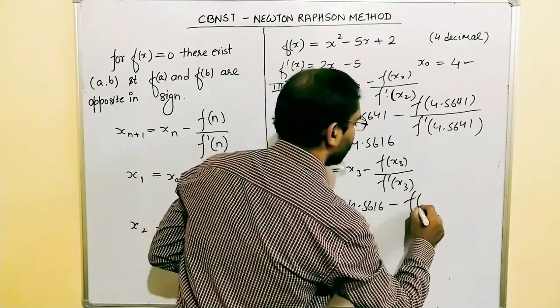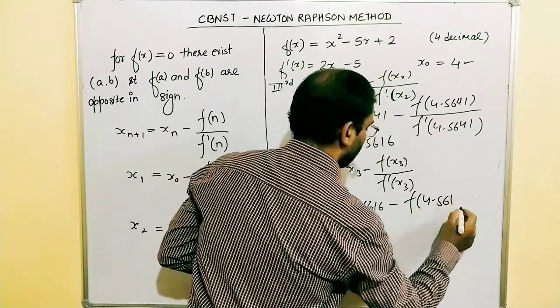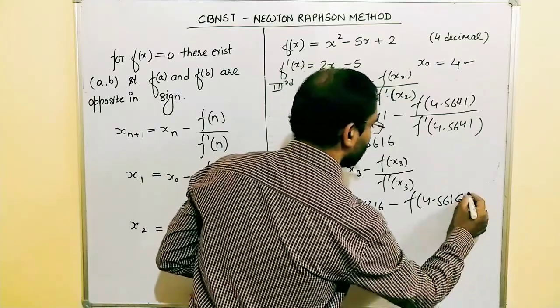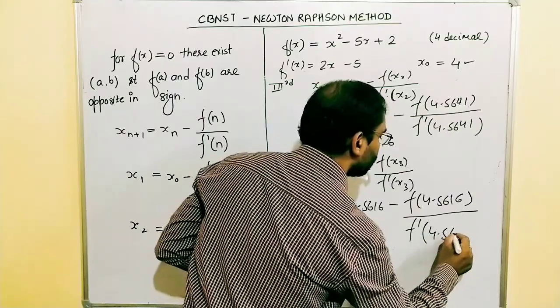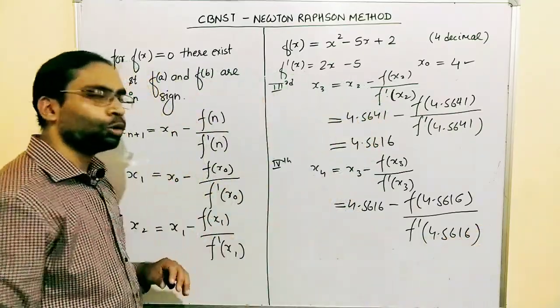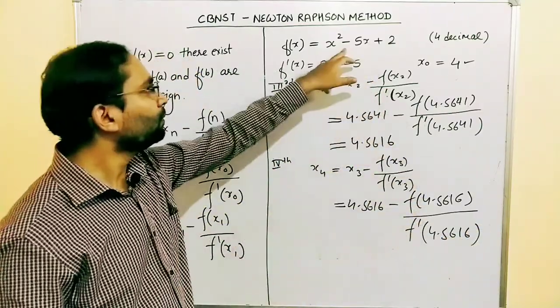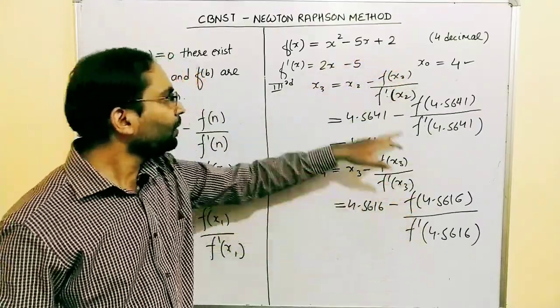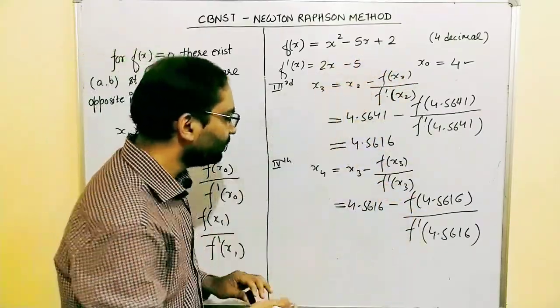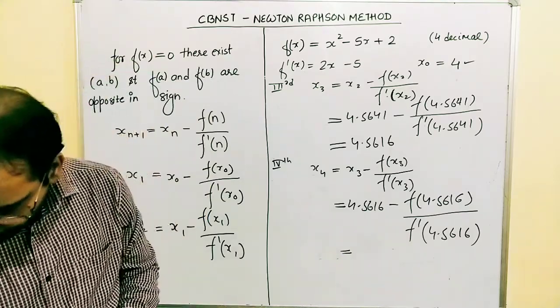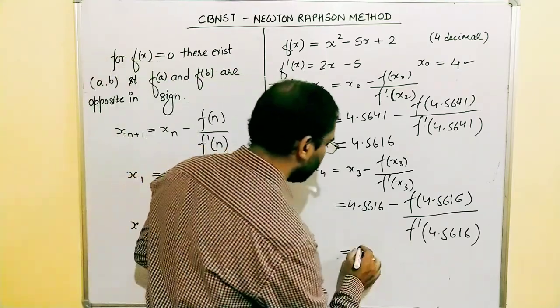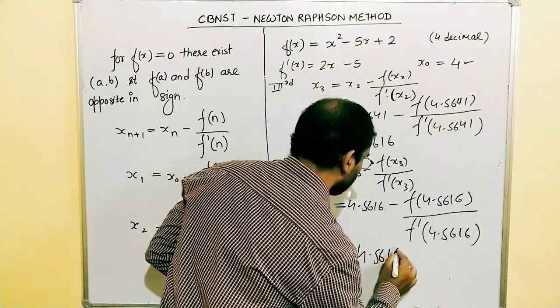In the function we'll substitute 4.5616 in place of x, and in its derivative also we'll substitute 4.5616, and we'll evaluate x4. So let me see what the value of x4 is. It's 4.5616.